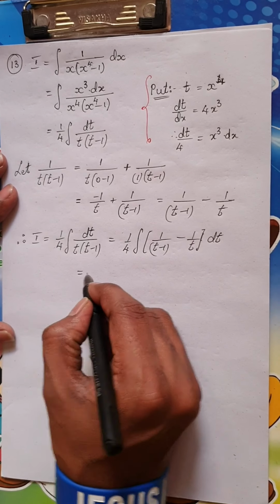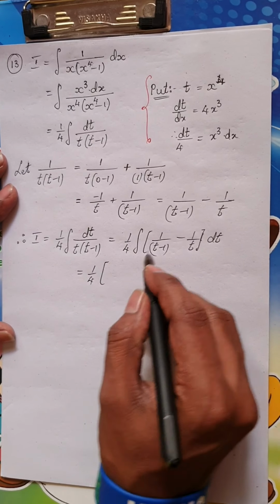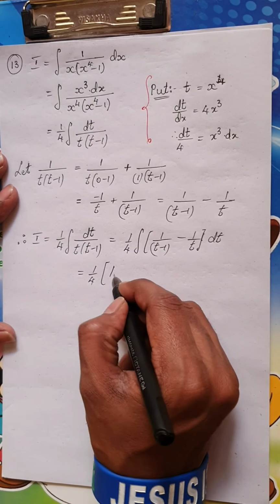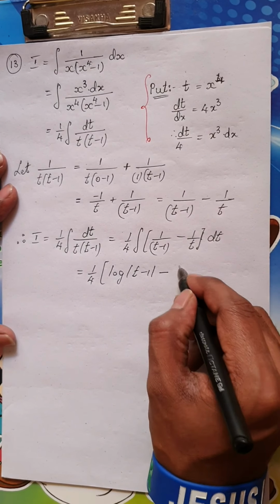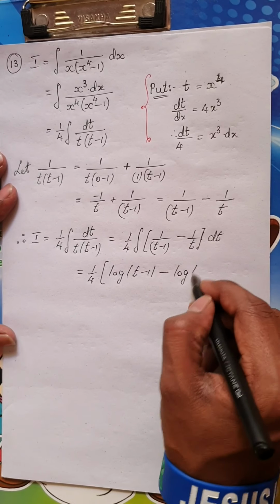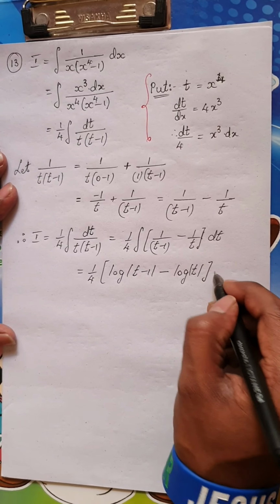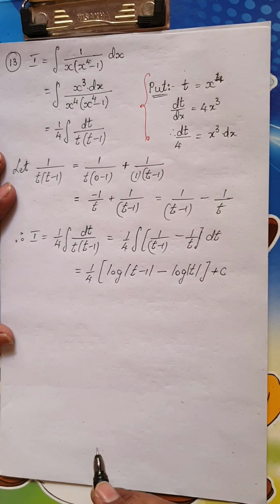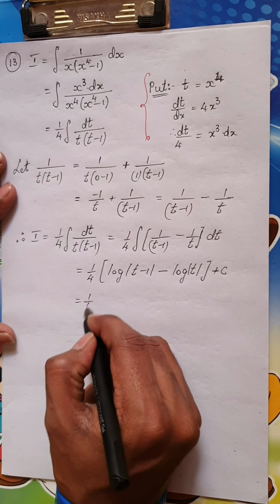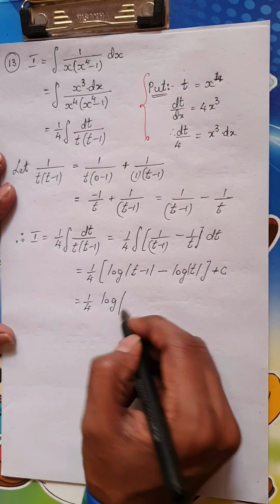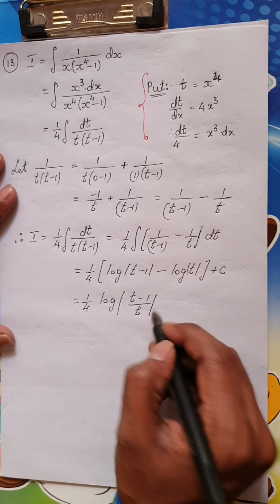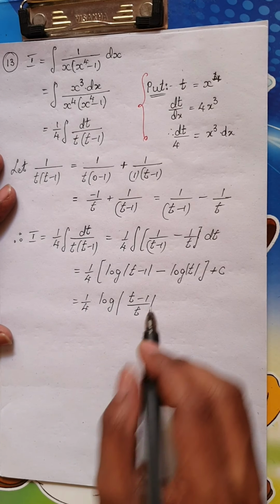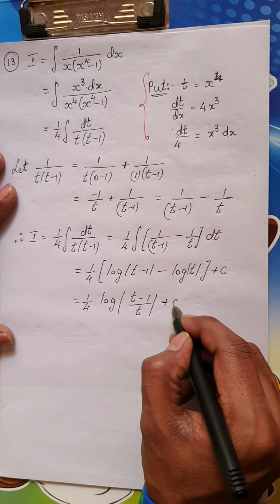So this would be nothing but 1 by 4 is a constant, integral of 1 by t minus 1 is log of mod t minus 1. Similarly, minus integral of 1 by t is log of mod t plus c, which is the constant of integration, as we generally do using the properties of logarithms. Log m minus log n can be written as log of m by n. So it is log of t minus 1 divided by t plus c.